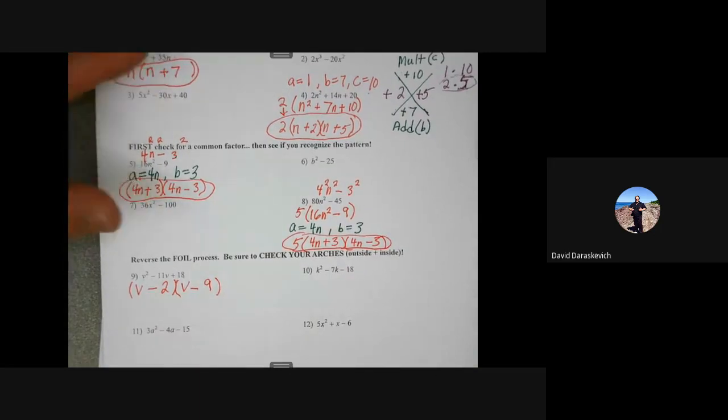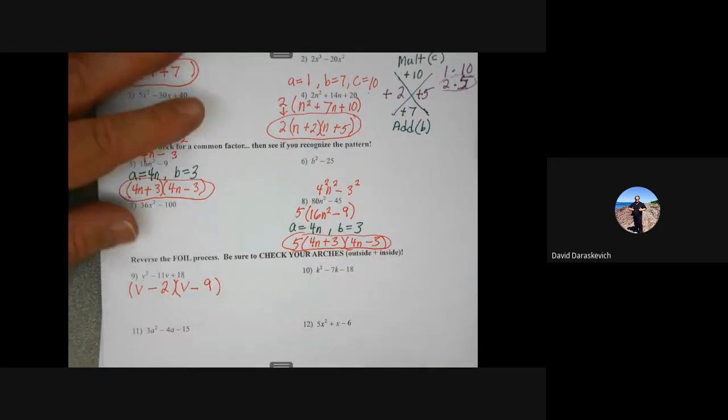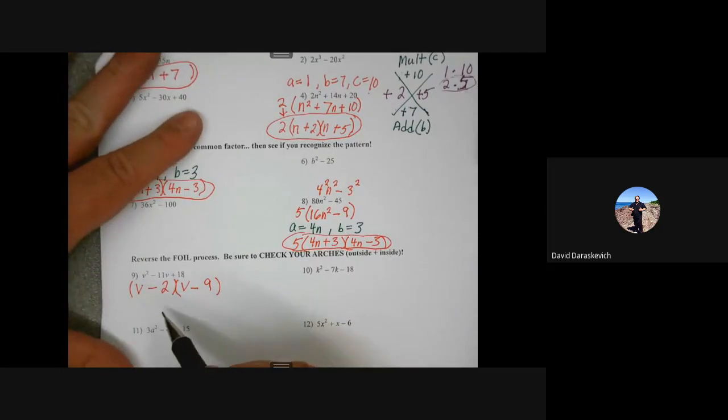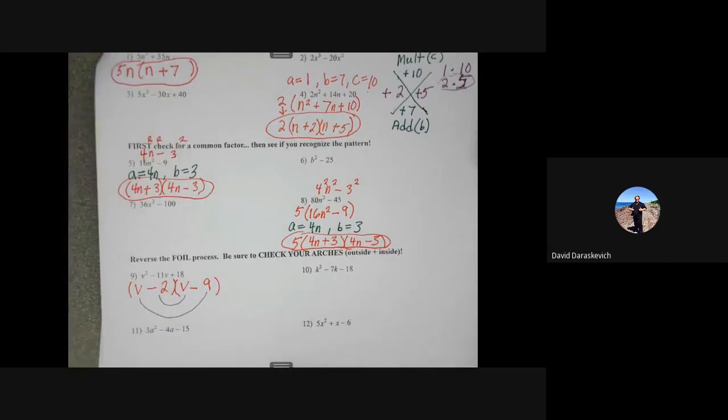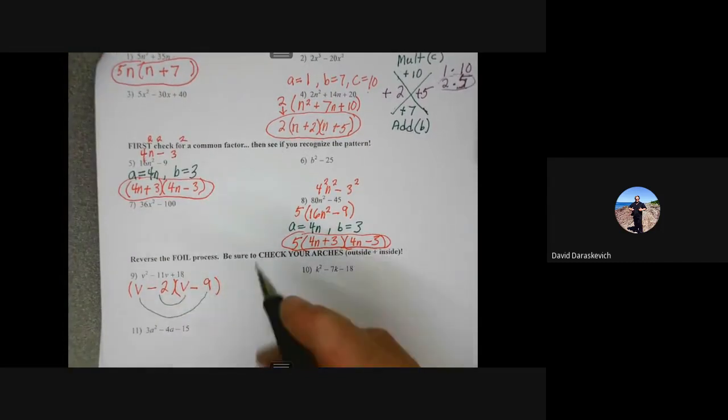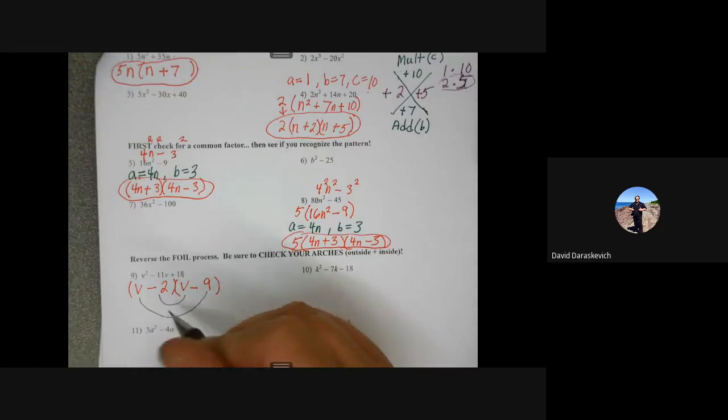Now the teachers for the higher mathematics will let you use what they call arches to check, or if you're having trouble during the process. These are your outer and inner of the FOIL process. If you multiply the inner, I get negative 2v.